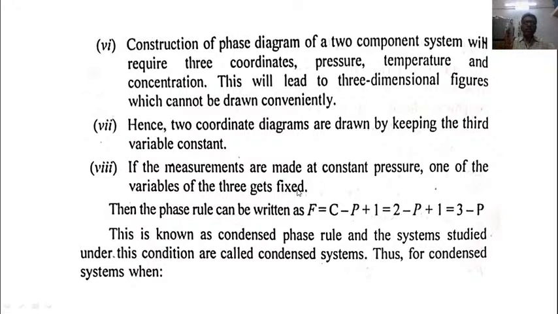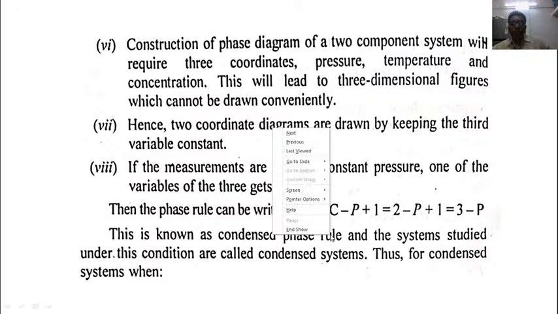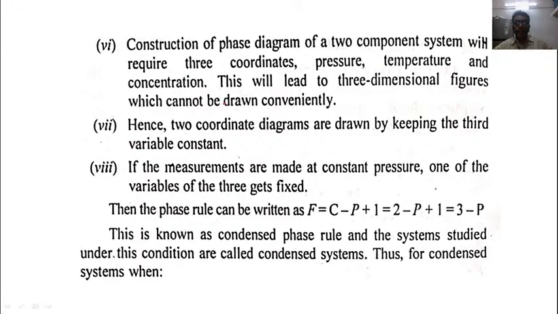Generally, there is less effect of the pressure on solids and liquids. The effect of the pressure is more and more on the gaseous system. So if we keep the pressure constant, then the phase rule can be written differently. We have to change the phase rule now. The phase rule is F equal to C minus P plus 2, where the 2 is 1 for pressure and 1 for temperature.